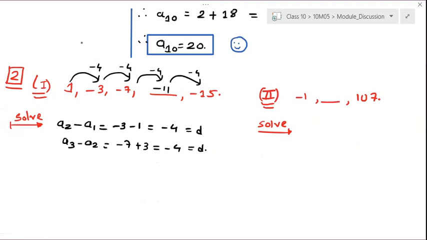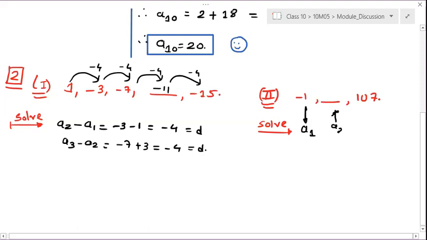See, suppose it is AP. This is our first term, this is our second term, and this is our third term, or not? Right. What is the formula of AN? AN is A plus N minus 1 into D. So the third one is A plus 3 minus 1 into D, or not? So it is A plus 2D, or not?